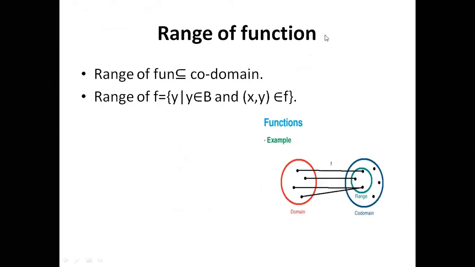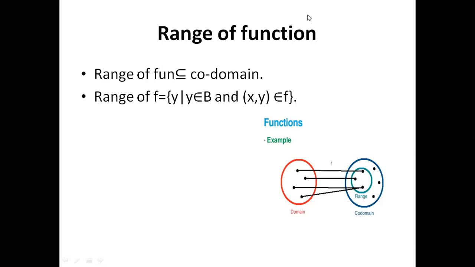Like range of a function is the subset of codomain. You can see in this diagram, this is the domain and this is the codomain, right? We have paired these 4 elements with these 3 elements, and the rest 3 elements we have not paired with any element of these values. So whichever values of the codomain we have covered in the relationship, those values are called range.